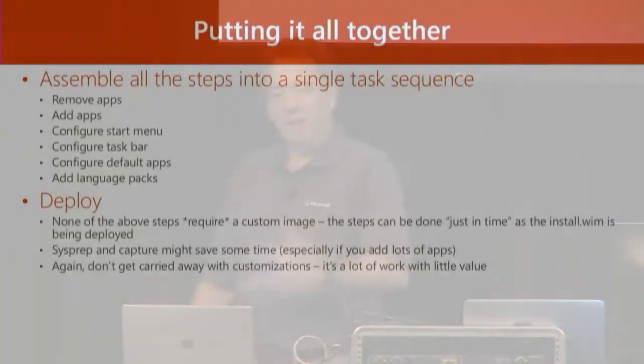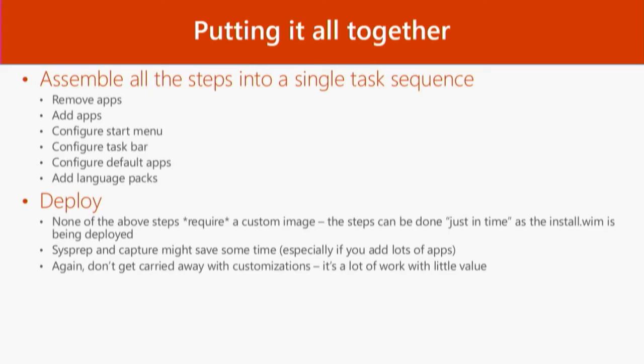But really, none of this is absolutely required with a custom image. You could just use the task sequence that we put together and deploy, and it would do all of these on the fly as the default install.wim is being deployed. So really the reason for then sysprepping it and capturing it and deploying the resulting image would be to save time, because it's going to cut out all of those extra steps and the time that it takes for those.